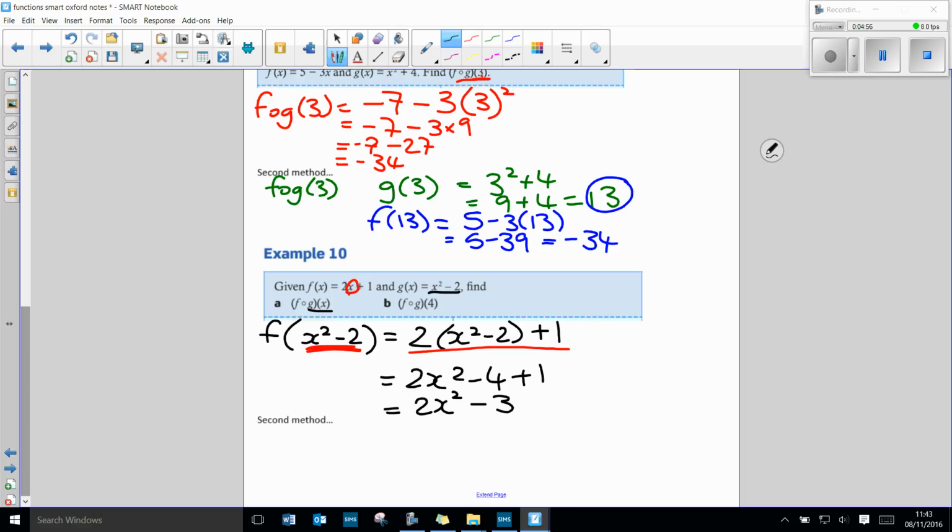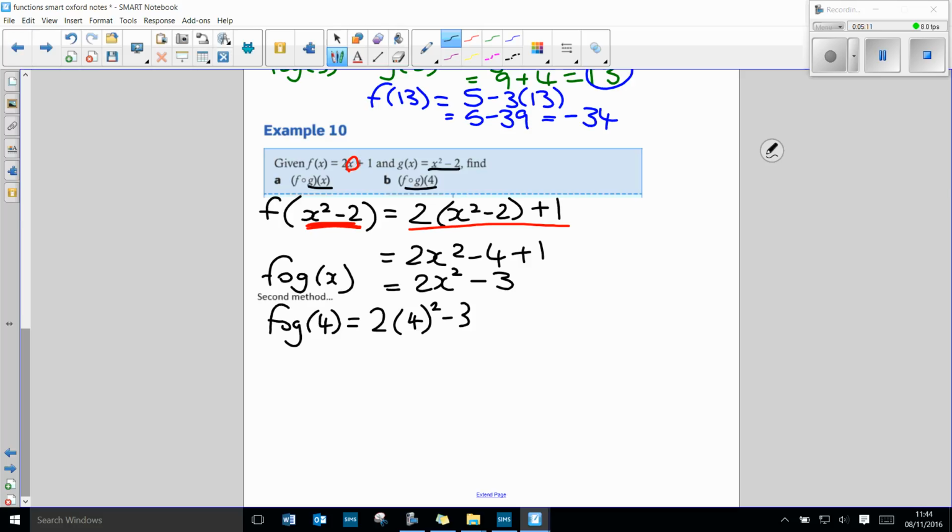Okay, so that's our expression for f∘g(x). They've now asked us to find f∘g(4). So we would substitute the value of 4 into there, which is 29.